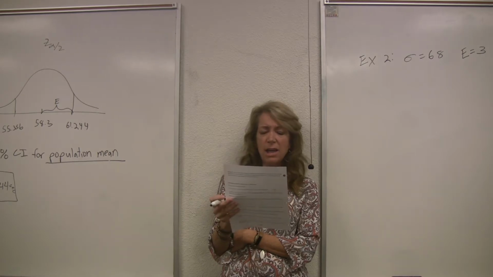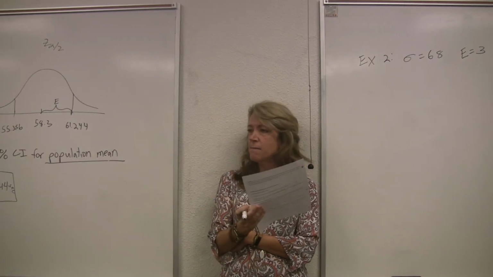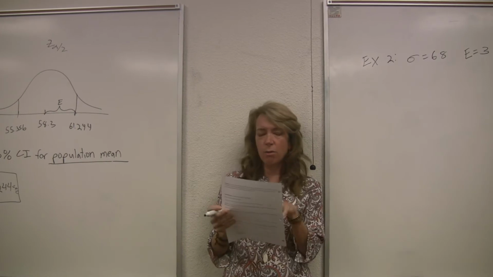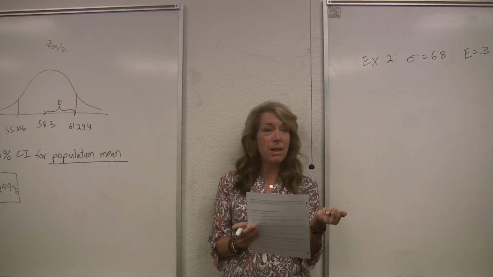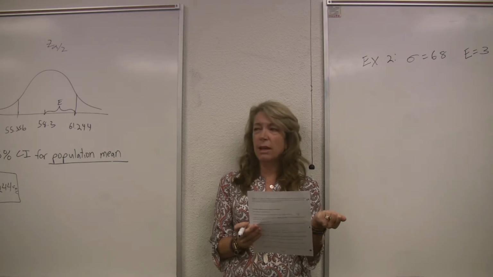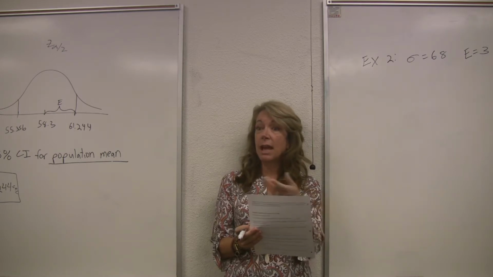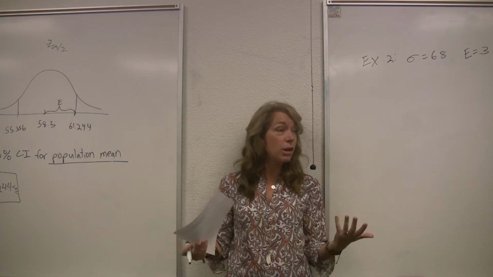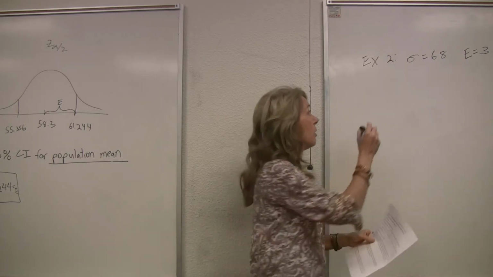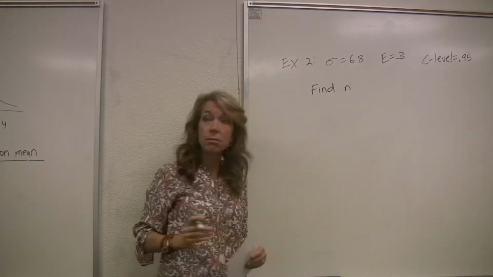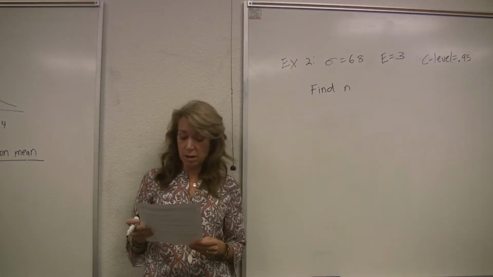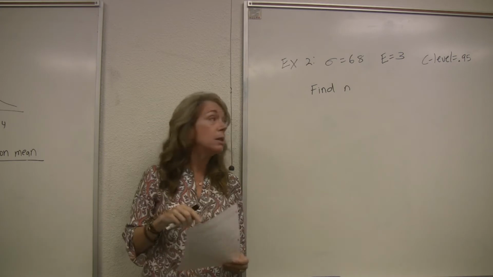You see that? How many adults must be selected? Do we all agree it says how many adults? So what are they really asking us to find? N, the sample size. How many people are going to be in your sample?